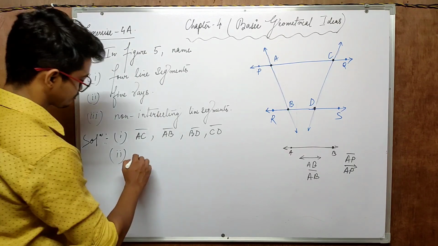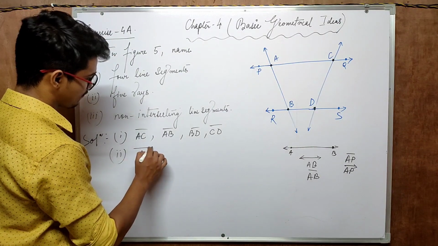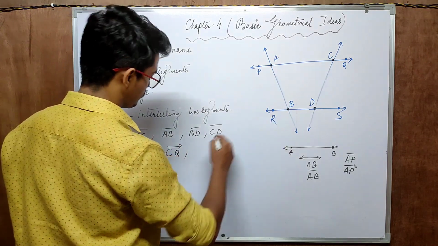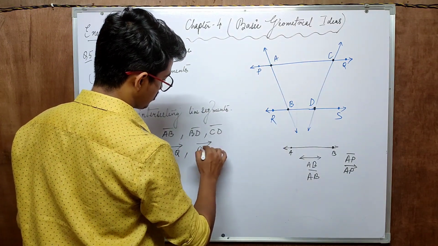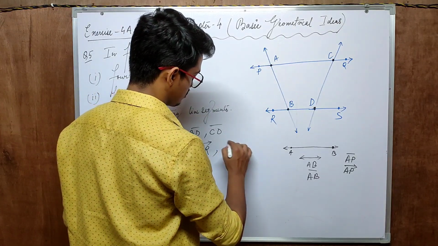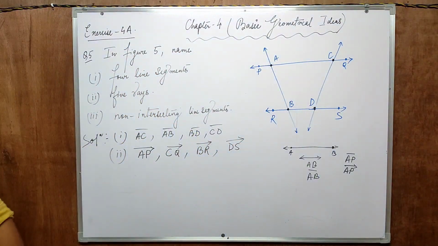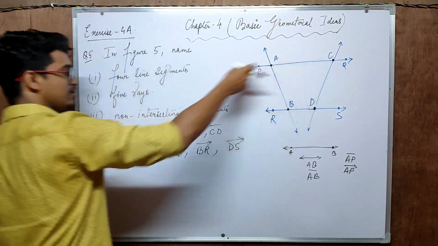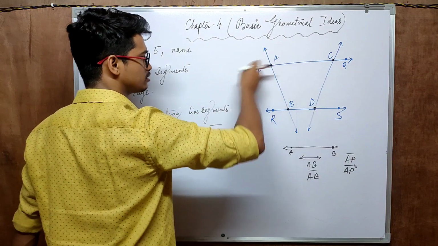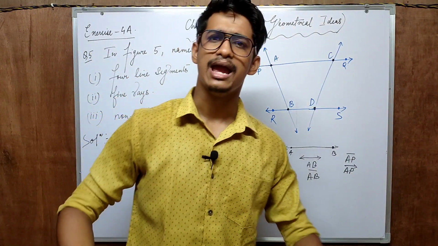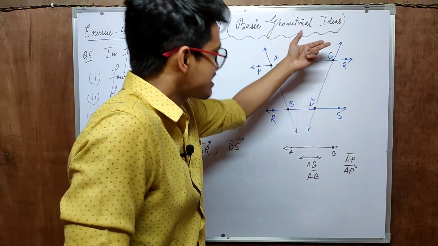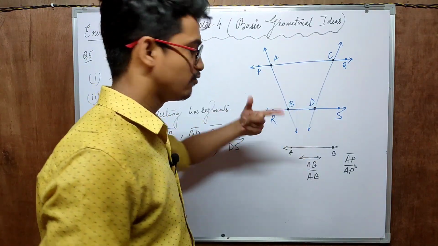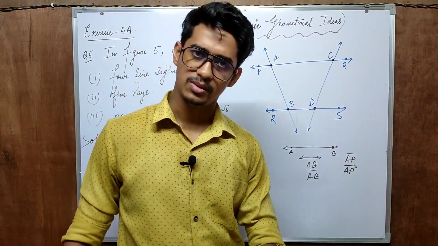Like that, find out: AP is the first ray, CQ will be the second ray, the third one will be BR, the fourth one will be DS. So what will be the fifth one? Let's say you fix one point over here, C, and it keeps moving toward this side, so CP will be another ray.